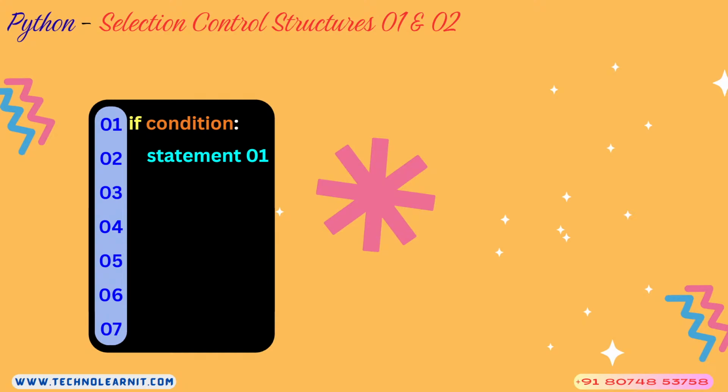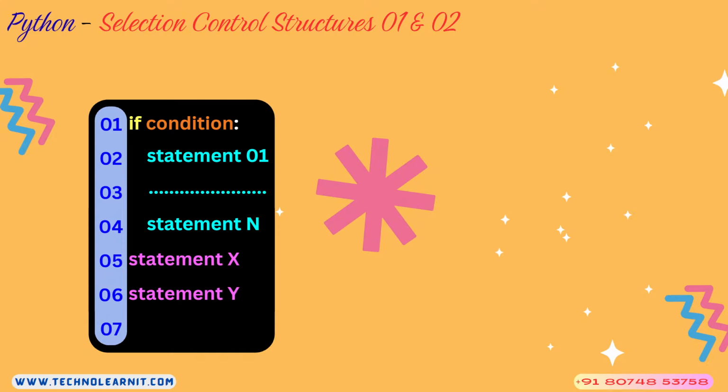Otherwise, you will be getting errors while executing your program in Python. All right, so this is the syntax. If is a keyword, you should use it as it is. It is always lowercase. And whatever condition you want to evaluate, then colon, come to the next line, use indentation and start typing your own statements. You can write as many statements as you wish. Then you can also continue to write the rest of the statements in your program, right?